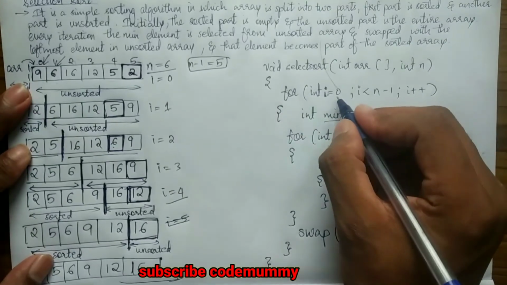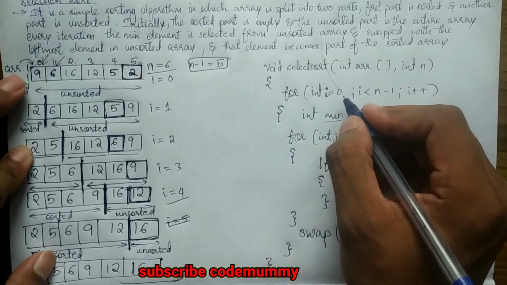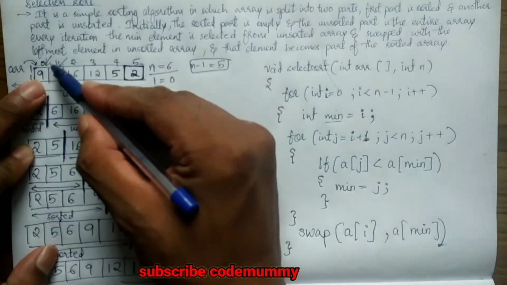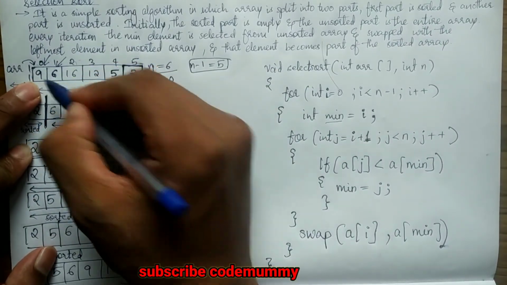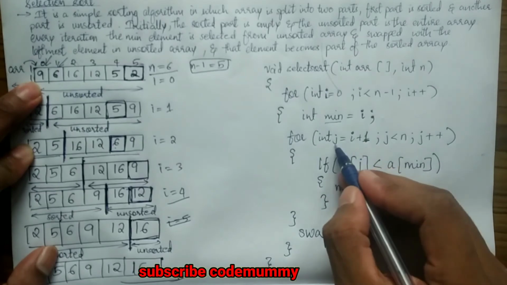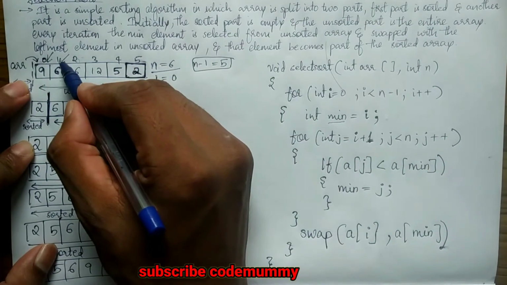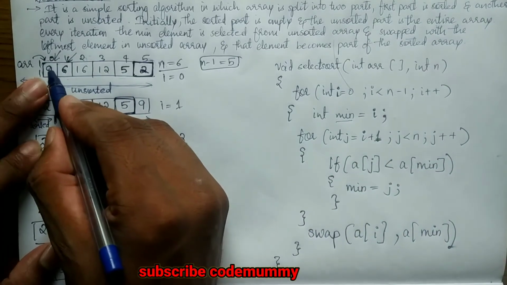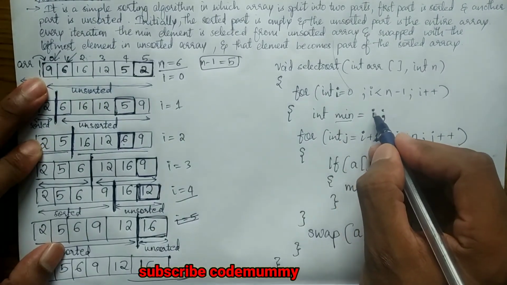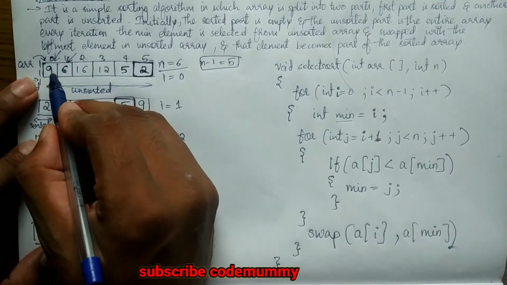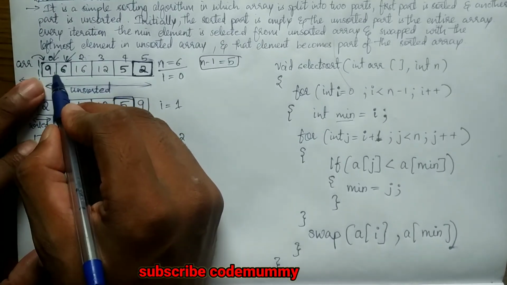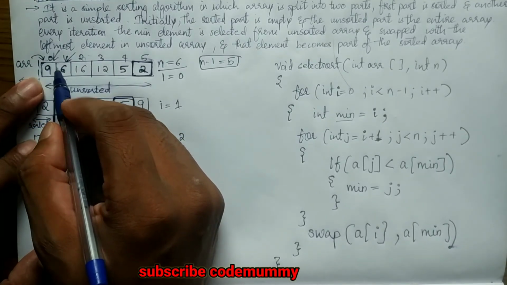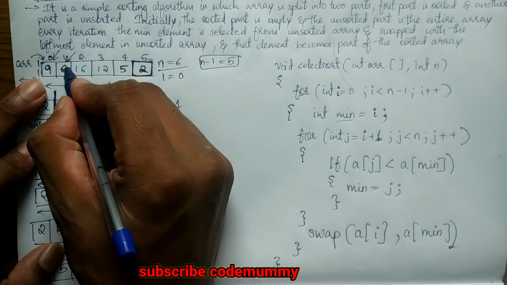So first our i was 0, right? So our i is pointing here, and our j is i plus 1, so j is pointing here, and our minimum is 9 here, because minimum is i and a of minimum is 9. So our minimum element is 9 and j is pointing here.